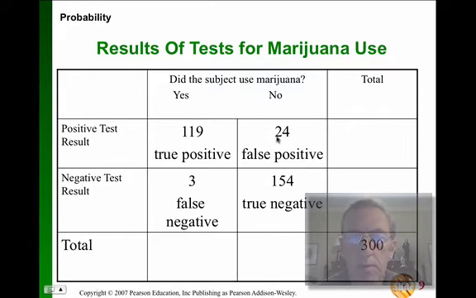And 24 divided by 300 is 8%. This is a false positive. 24 people who are non-users, if they're true in their self-reporting, tested positively. So that means either people are not telling the truth or we don't have a very good test.